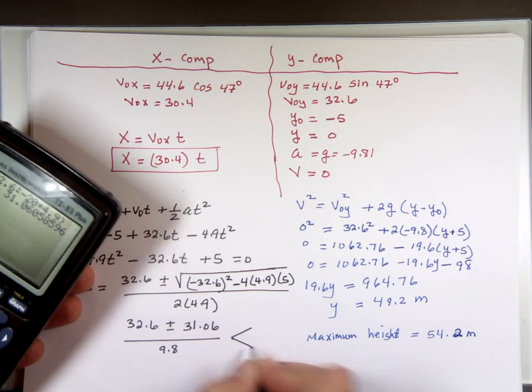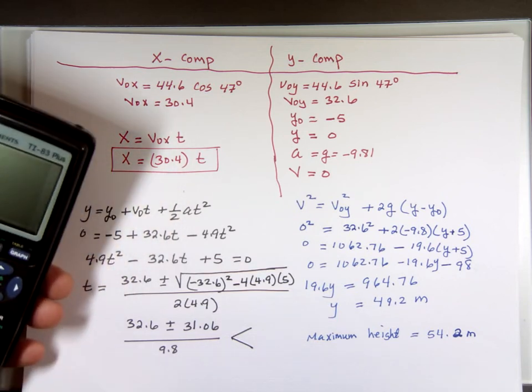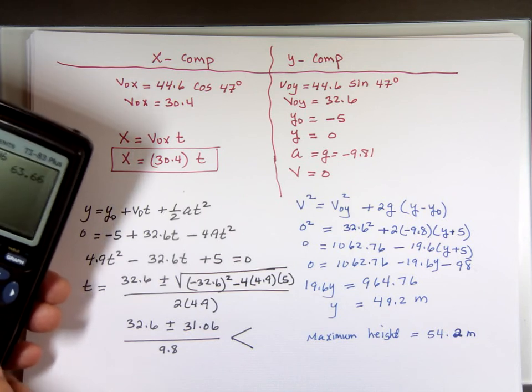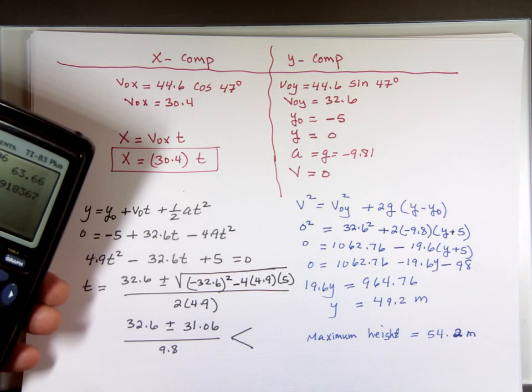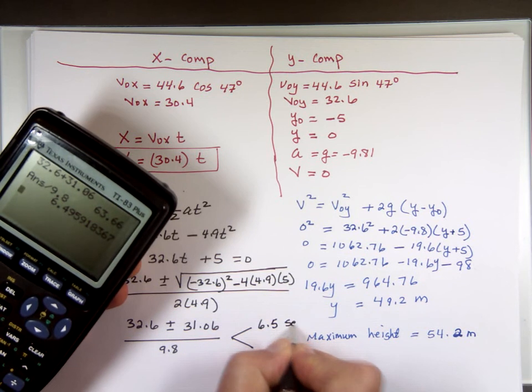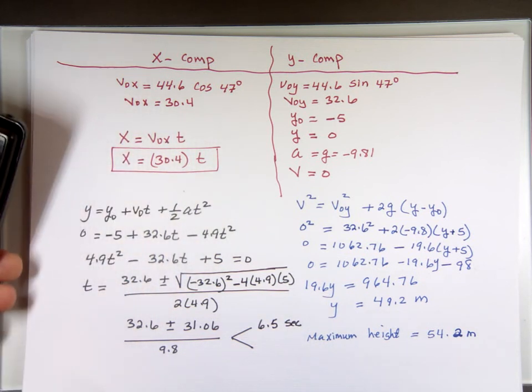32.6 plus 31.06 divided by 9.8, 6.5 seconds, or... something went wrong here. 32.6 minus 31.06 divided by 9.8, and this is like 0.15 second, 0.16.